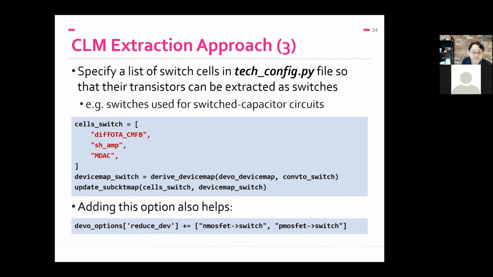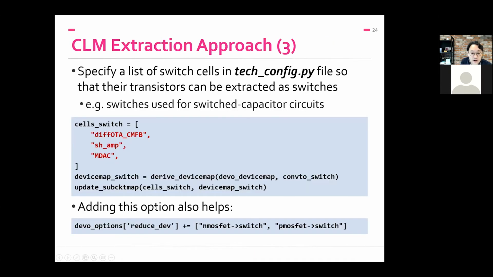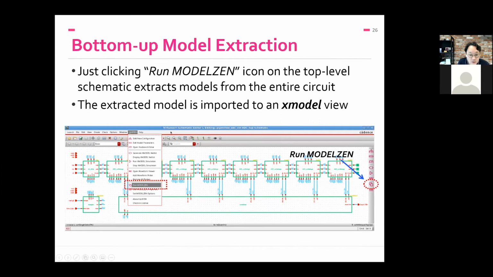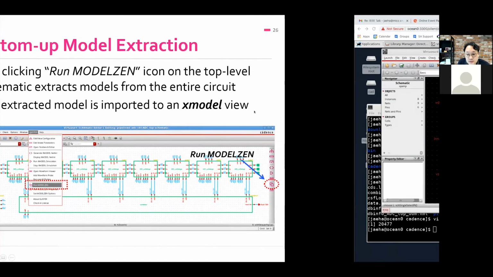This is just showing an example of the MDAC where all the transistors are switches, so we are listing it as one of the switch cells. Okay, so that's it. Once that is done, we just go to this circuit.